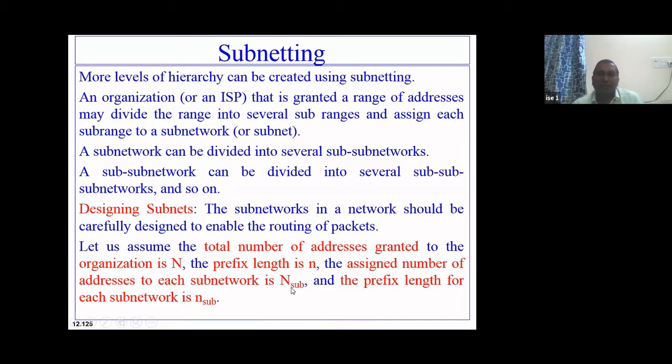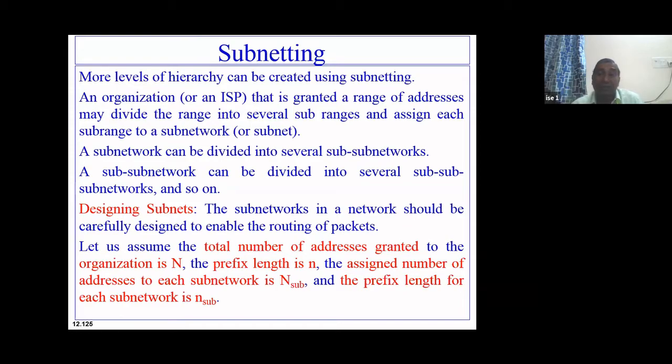Suppose the total number of addresses is 32, divided into four subnetworks. The first subnetwork will be given 8 addresses, the second 8 addresses, the third 8 addresses, and the fourth one will also be given 8 addresses.